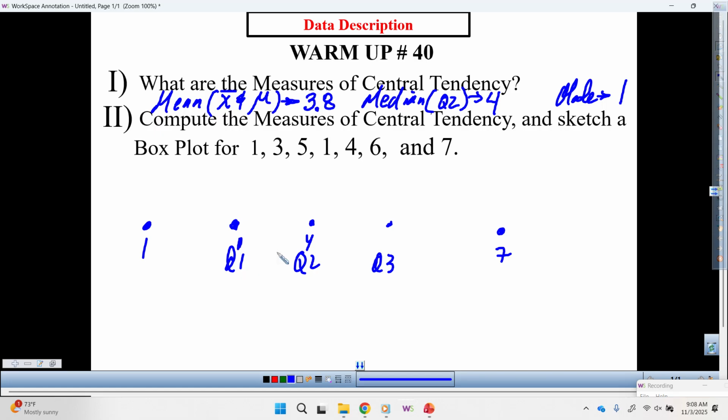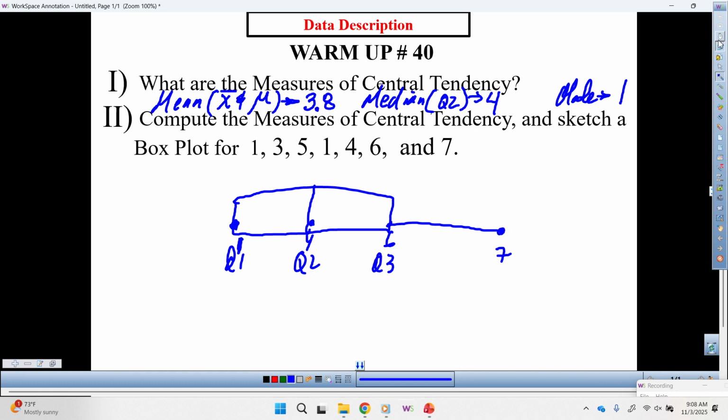One. Hands up if you got 1. That is correct. So I'm going to erase the minimum over here and bring it together with Q1. How about Q3, Enrique? And your box plot should look something like that.